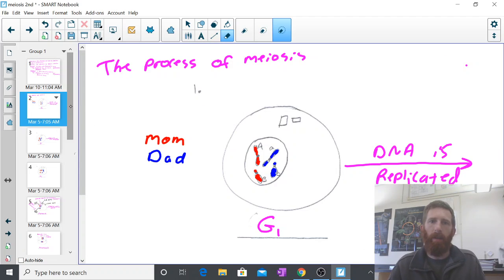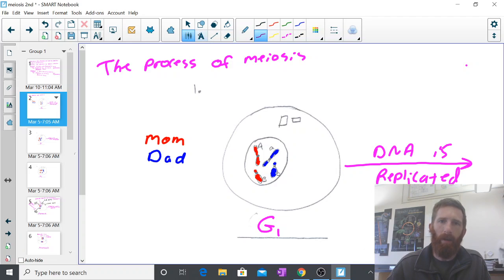So we already did this process of meiosis, and we used the same colors. I used the same colors last year as I used this year. So mom, red chromosomes, big A, big B; dad, blue chromosomes, little a, little b. But then last year I made a distinction. Here we go, we'll use purple. I made a point to show the genotype of this cell.